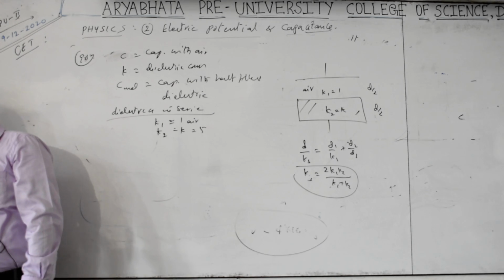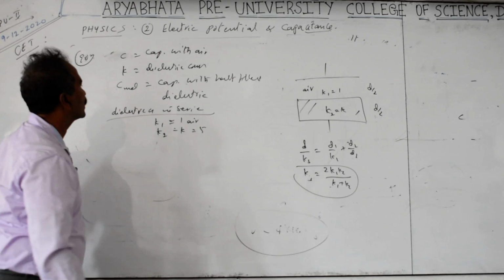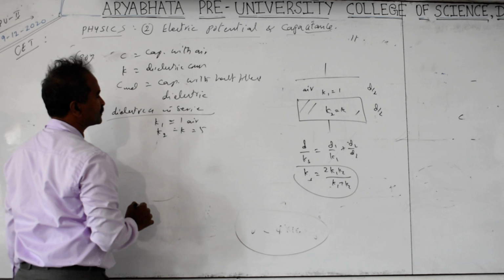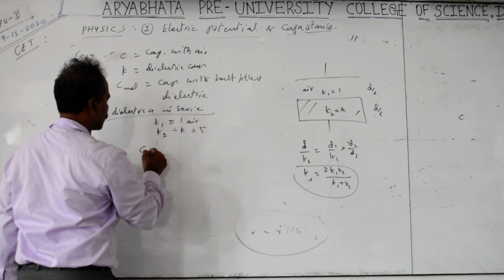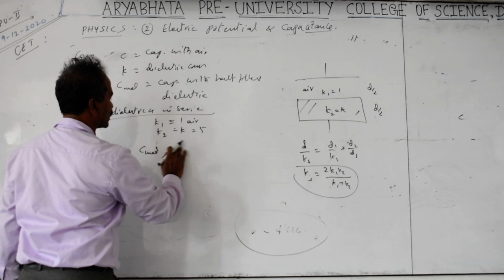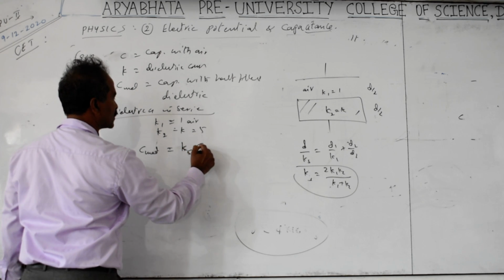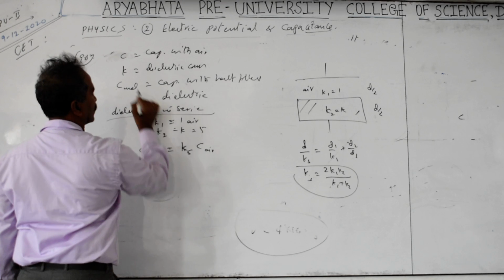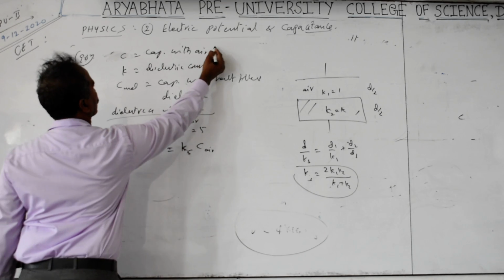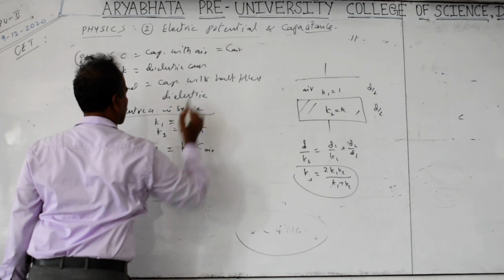Substitute the values for K1 and K2, and you are asked to find the percentage change in the capacitance. So you have to find C medium. C medium is equal to the resultant K series into C with air, which we will take as C air.